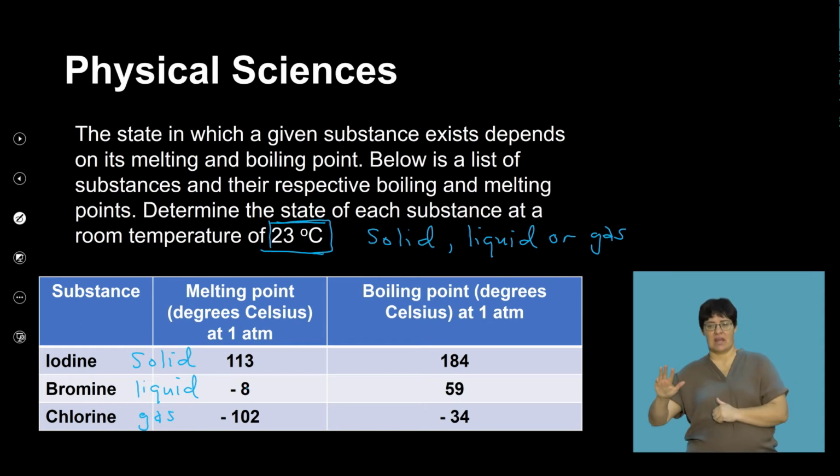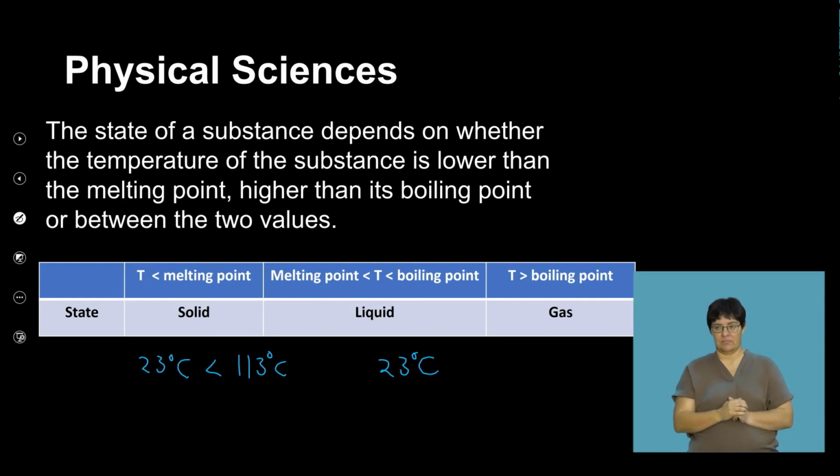So if the temperature that's given, which is 23 degrees, is between the melting point and the boiling point, that substance will be a liquid. And then if the temperature given is greater than the boiling point, then that substance will be a gas. This is what happened with chlorine in the previous example that we just spoke of.